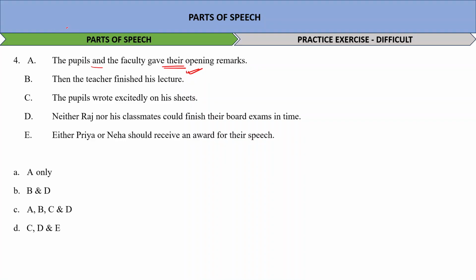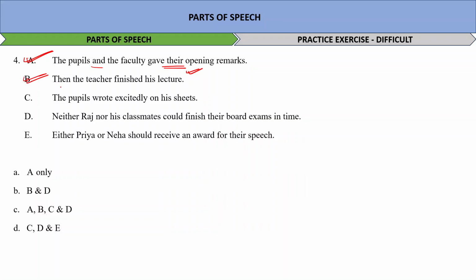So I will consider sentence number A as a correct sentence. Now let's read the second one. In sentence number B, then the teacher finished his lecture. The teacher, one particular teacher, finished his lecture using a common pronoun. Sentence number B is again an appropriate one.